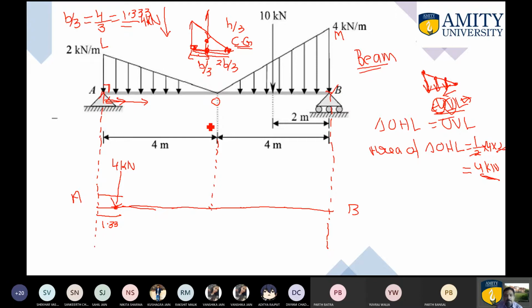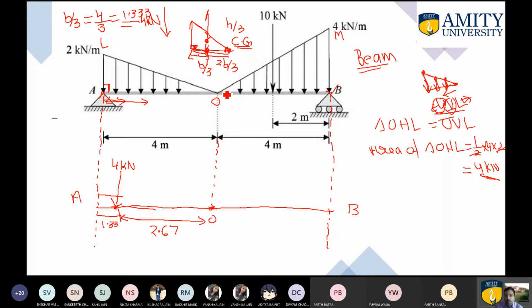Total distance is 4, and this is 1.33 from here. So this distance you can easily calculate by subtracting from 4. So 4 minus 1.33 will come out as 2.67. So mark the distance 2.67 over here. You are reaching this particular point, which I am representing by O.